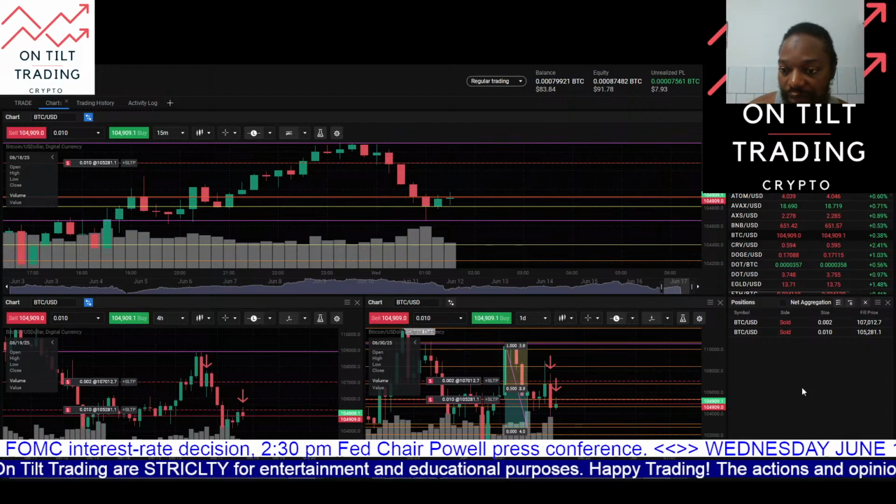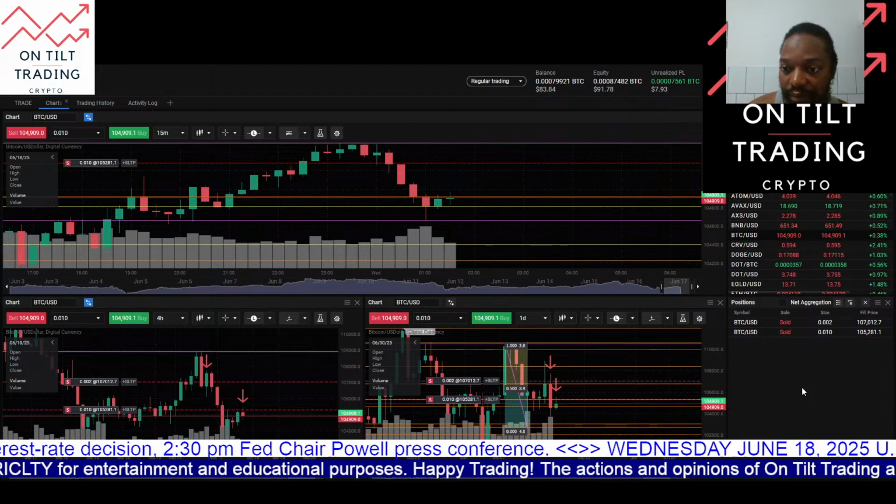Price being delivered to the sell side, back to retest the 104,900 level.